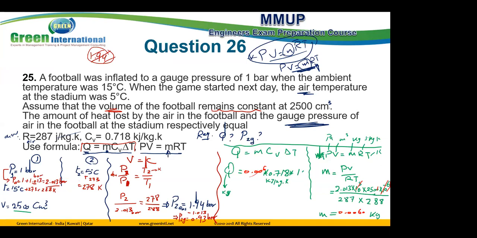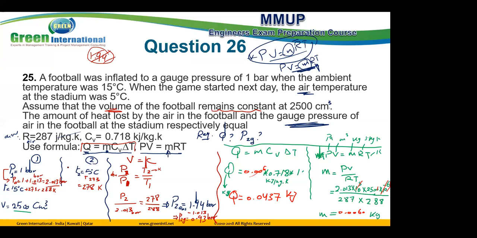Once you get this value, continue the calculation. Keep it on the calculator and multiply by 0.718 times 10, and get the answer directly, which is 6.088 times 10 to the power minus 3. This is the final answer for Q, in kilojoules.